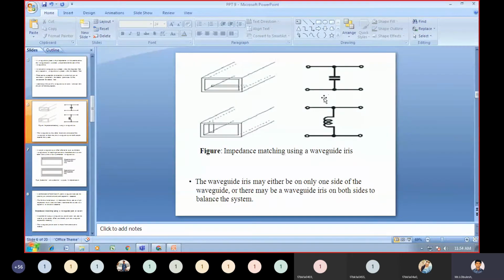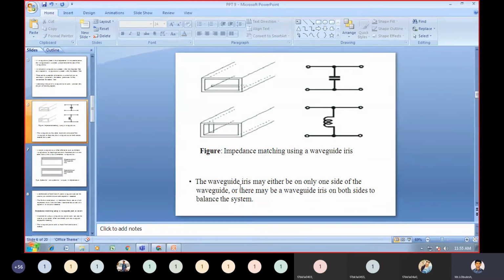If you want to place a capacitive waveguide iris, you need to prefer the electric field. Where you keep these two depends on your convenience. So this is the impedance matching using a waveguide iris.